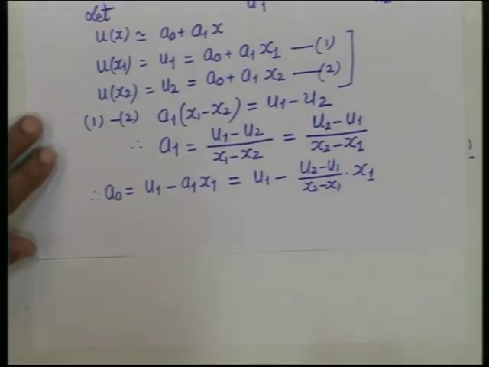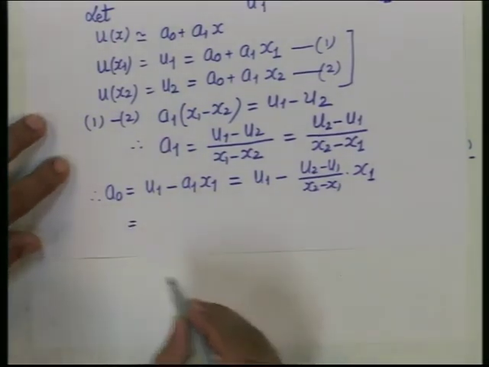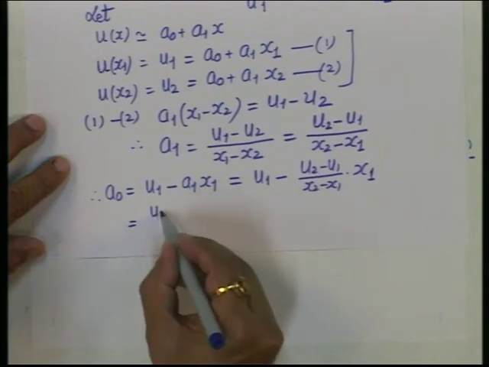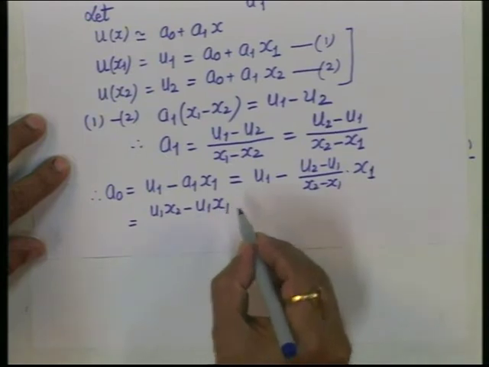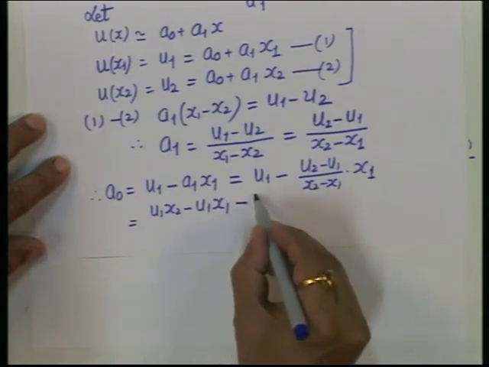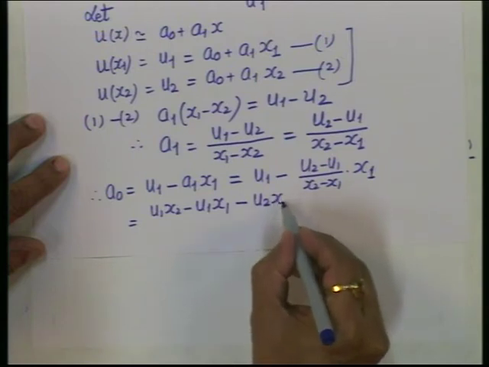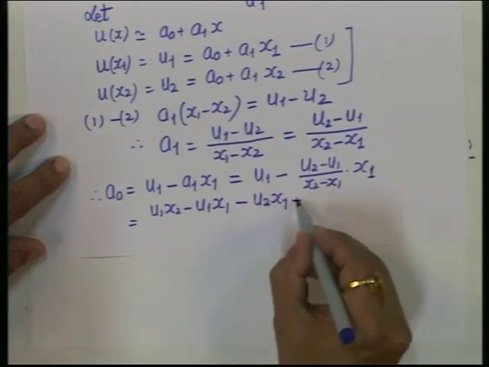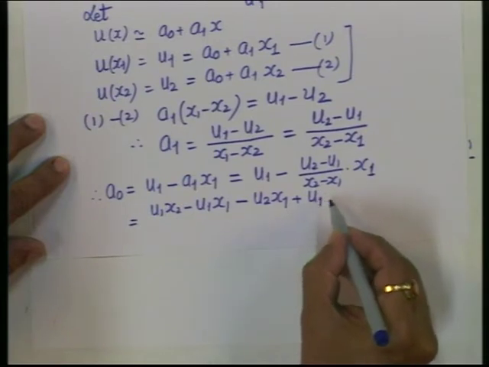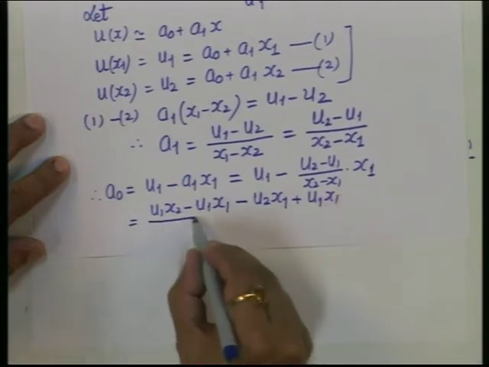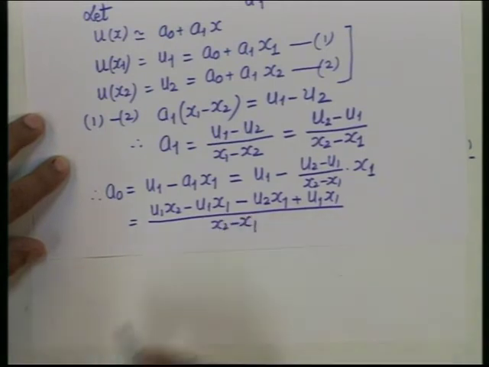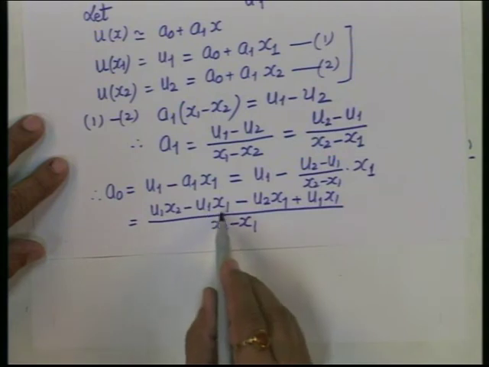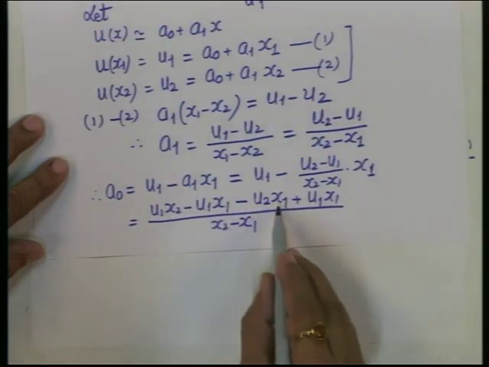So, this one can be simplified, I believe. Can somebody simplify this? It will be u1 x2 minus u1 x1 minus u2 x1 plus u1 x1, all divided by (x2 minus x1). I have just expanded. Just see whether it is right. Have I made any mistake?